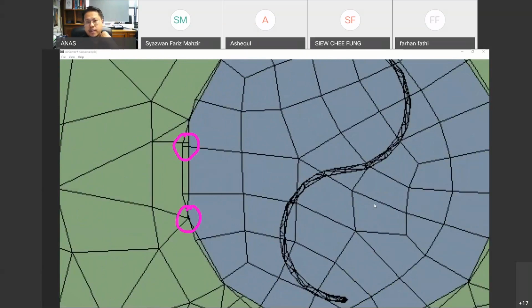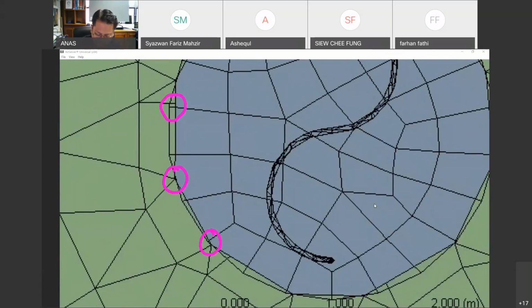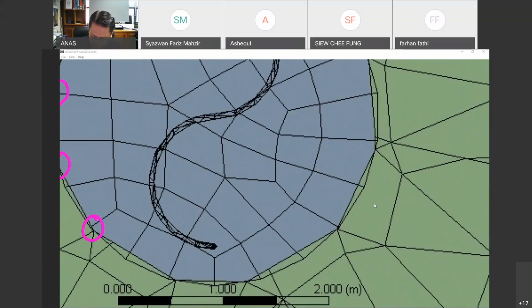That's why it's very important to first know where to look. If you have just one simple domain with no object in it, then there shouldn't be a problem. But when you have several objects, you need to check the interface of all the objects, whether their faces meet with the outer domain. So these are again examples of non-conformal mesh.